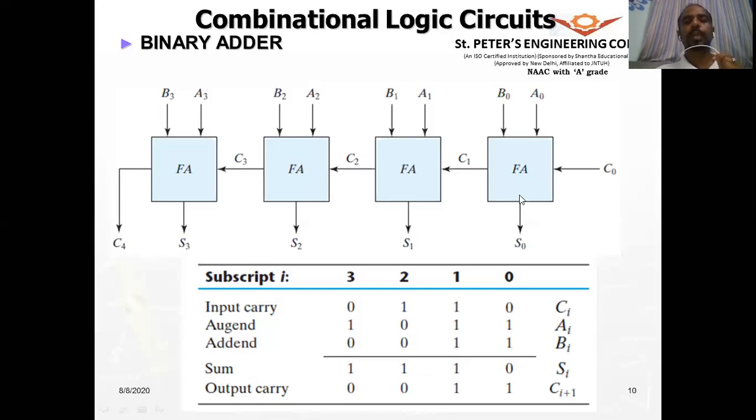So therefore, the carry is getting propagated, is what we are seeing here. By doing this, we have taken this parallel adder and we have seen that the carry is getting propagated, right? The carry output of one stage is getting propagated as a carry input to the next stage, right? So this will cause some delay.